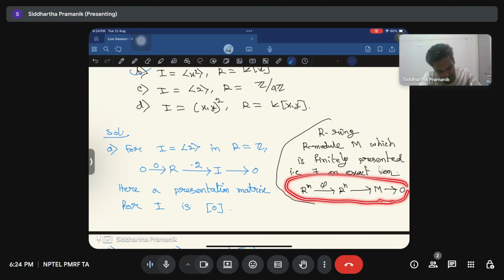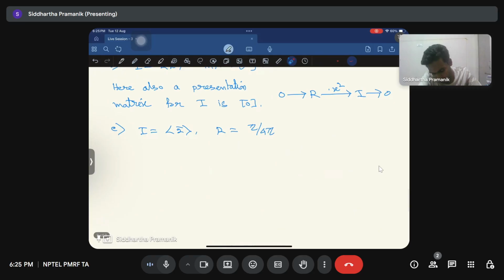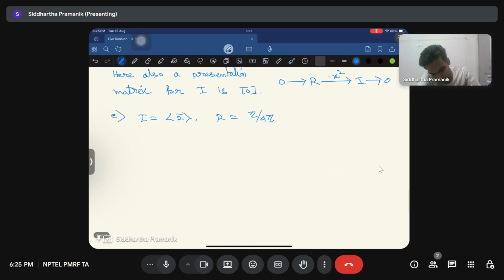An exact sequence involving M is called a finite presentation of M. So let's find a finite presentation for I. I is basically 2 bar, that is actually the ideal generated by 2 in Z mod 4Z, which is basically 2Z mod 4Z.